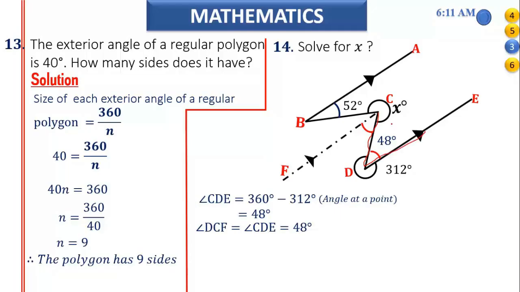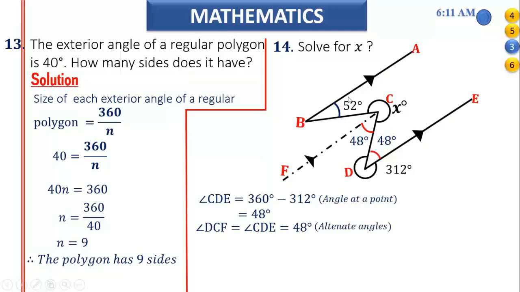Why? Because they are alternate angles. By reason of them being alternate angles, they are equal. So that will give us 48 degrees. You can see everything is taking shape little by little.